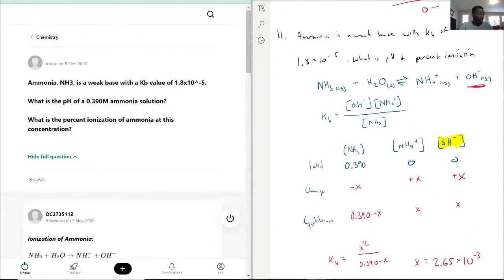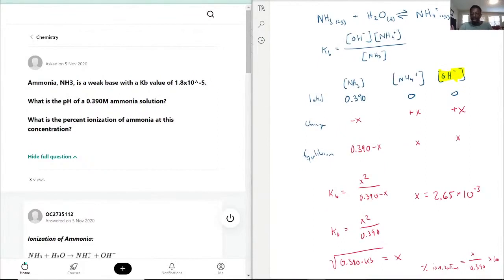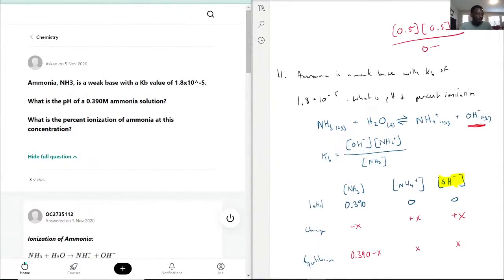And then we square root that. And then we would subtract KB from that value, so that would be minus 1.8 times 10 to the negative 5. And then we divide that by 2.